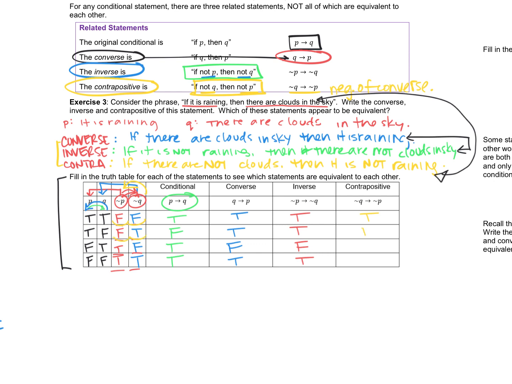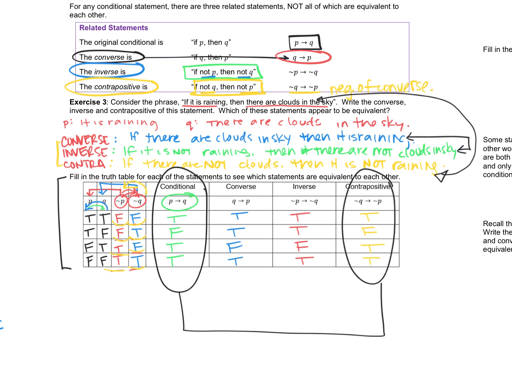There's our false one, the broken promise. And then the rest of these are true. So you can look at their ending values here and see that, in fact, the conditional is logically equivalent to the contrapositive, and the converse is logically equivalent to the inverse.